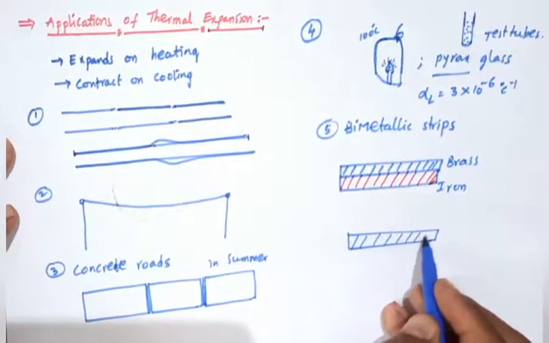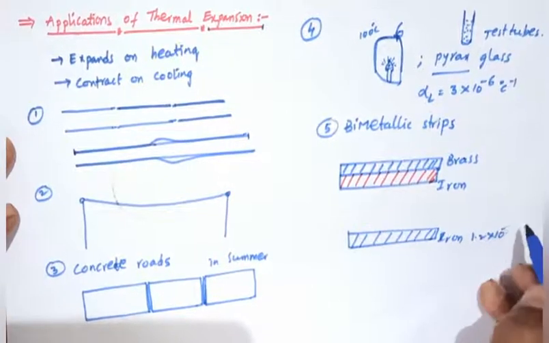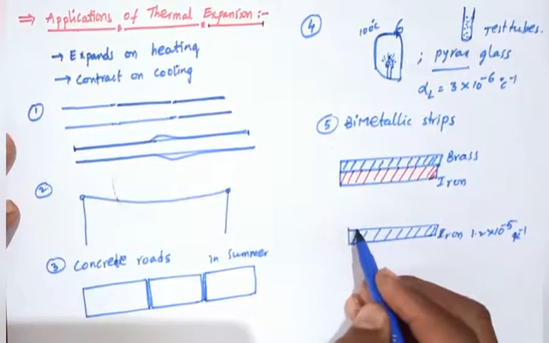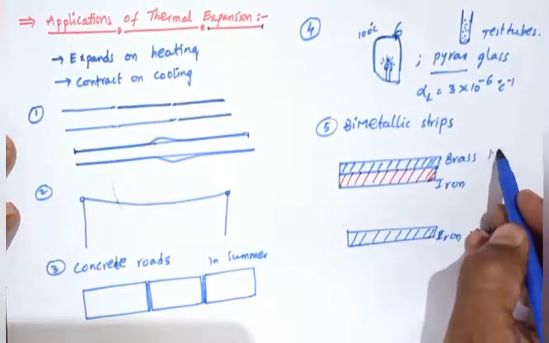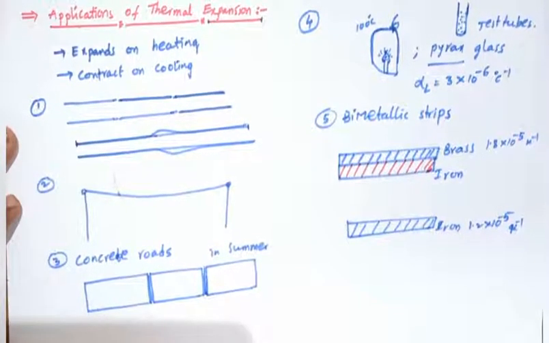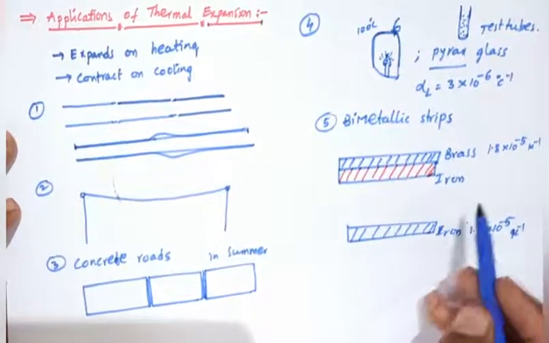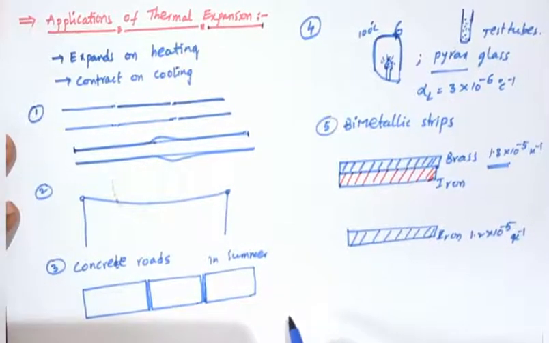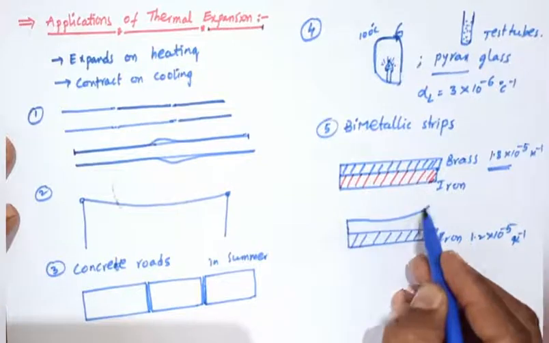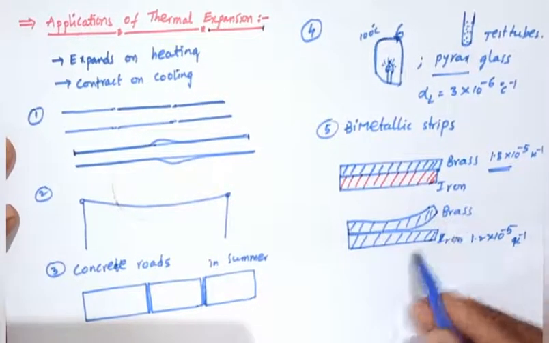Iron is 1.2 into 10 to the power of minus 5 per Kelvin, and brass is 1.8 into 10 to the power of minus 5 per Kelvin. Because the expansions are different, brass has the greater coefficient of linear expansion, so the strip bends like here, with the brass on the outside.